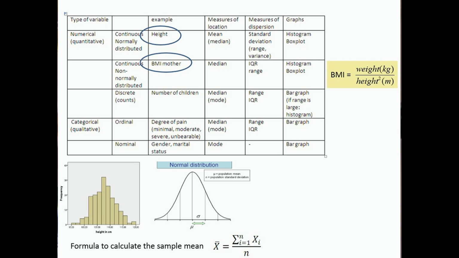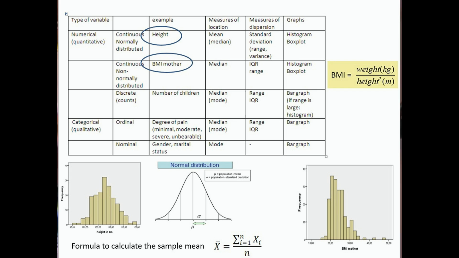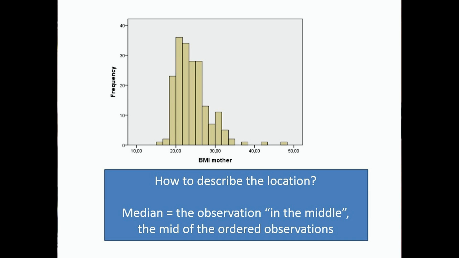In this dataset, the distribution is skewed, and the mean is not a good measure for location, because it will be influenced by the extreme values. A better measure will be the median, which is defined as the mid of the ordered observations. I will give 2 examples how to calculate the median.